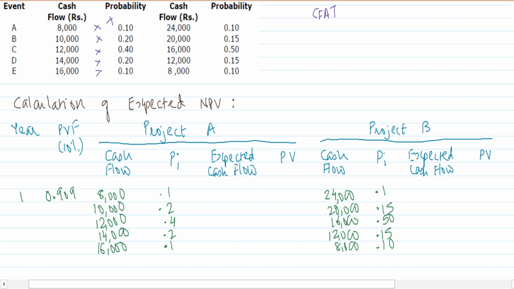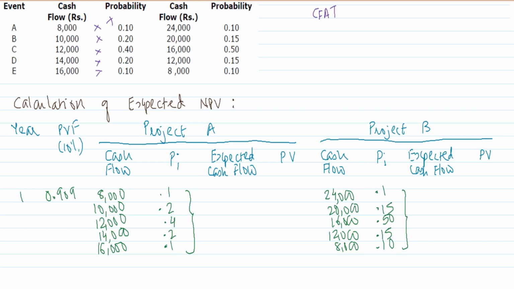Okay, now the expected cash flow. The way you are going to work out the expected cash flow, in your calculator, you should multiply 8,000 into 0.1 and press the M plus key, right? You have that memory key, isn't it?